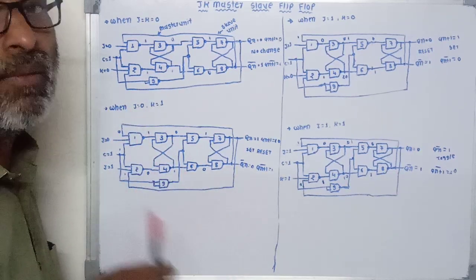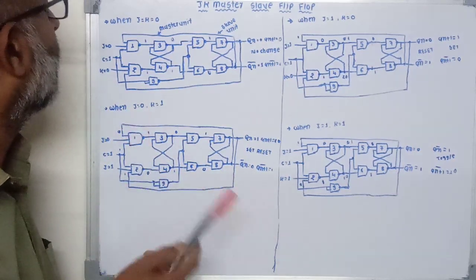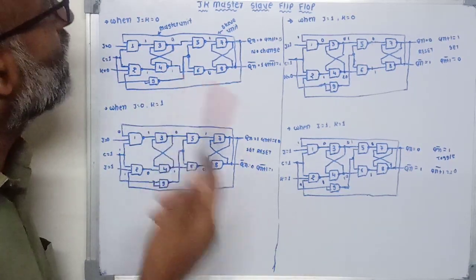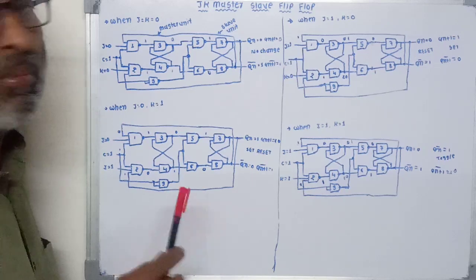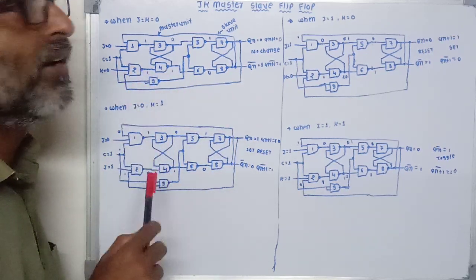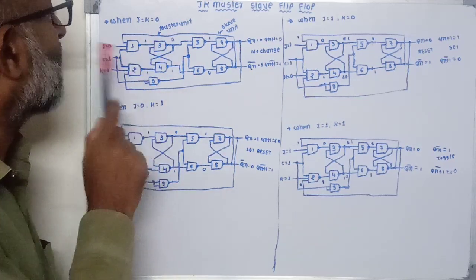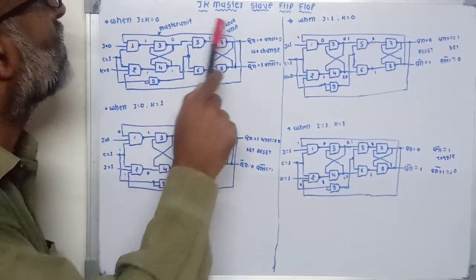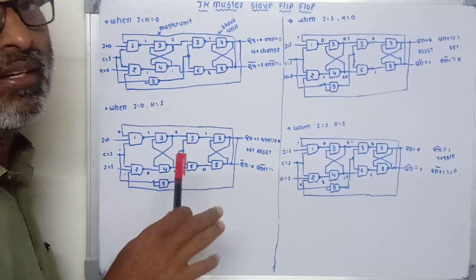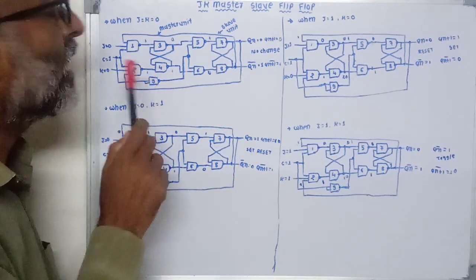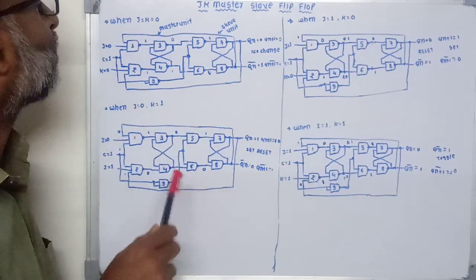That means it acts as a NOT gate, because we have already seen that the clock input of the slave unit is applied through this gate. When the clock signal is 1 for the master unit, at that time the slave unit requires a 0 clock signal. So here this NAND gate 9 acts as a NOT gate.